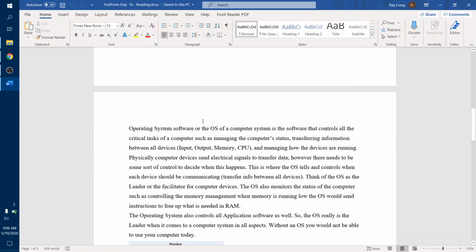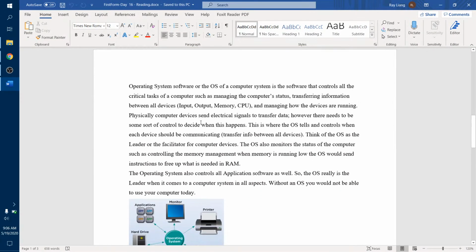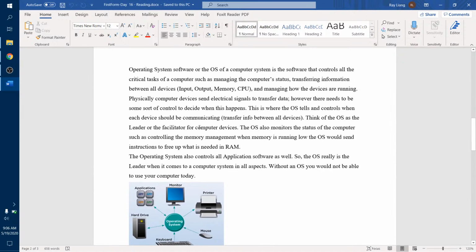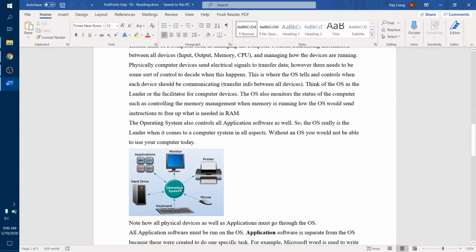It helps all of them communicate with each other. Alright, that's just one of the main uses, one of the most important uses. Another thing that the operating system does is it allows us to run applications.